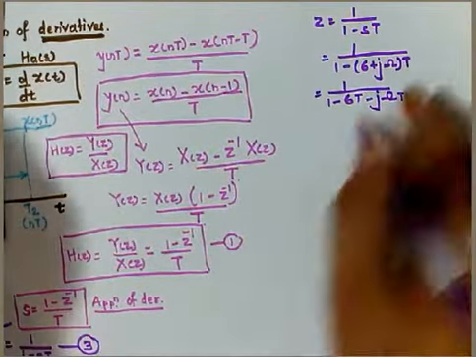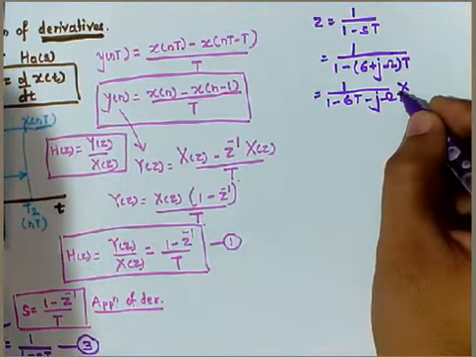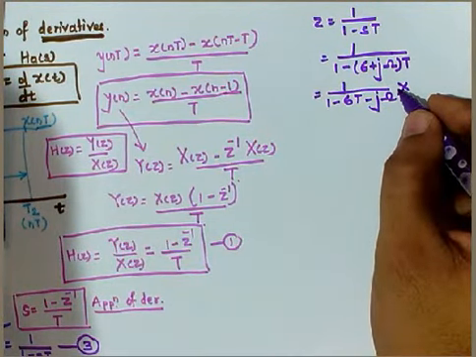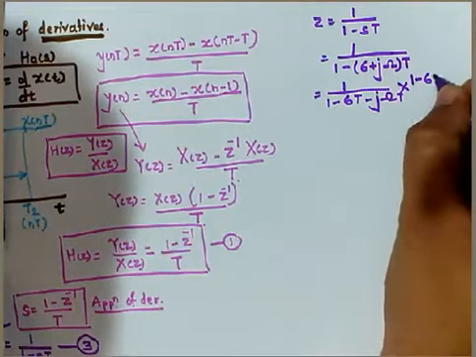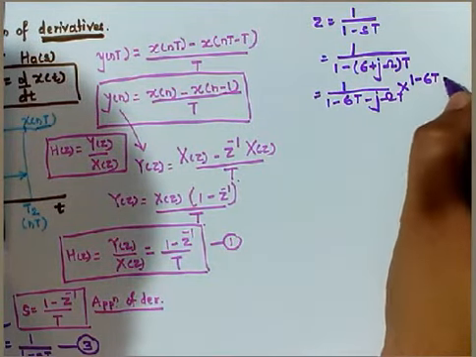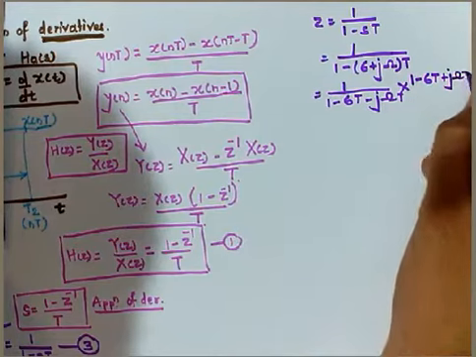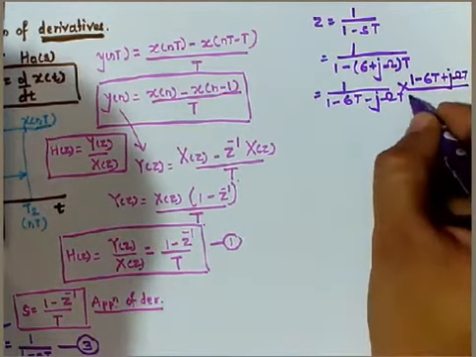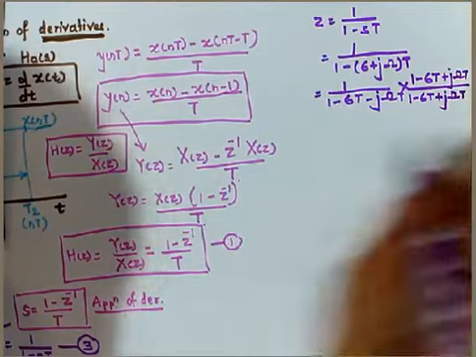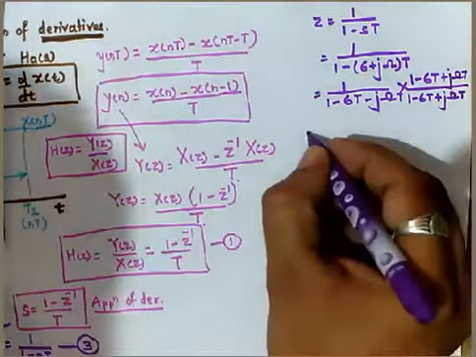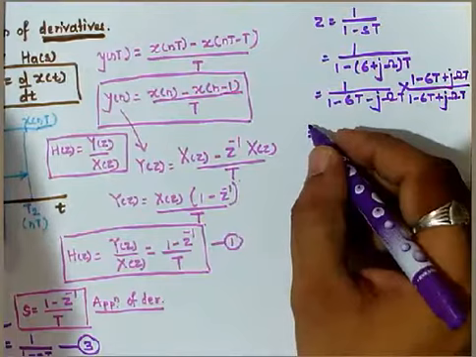Now let's multiply the numerator as well as the denominator by the complex conjugate. So it will be 1 minus sigma T plus j omega T, similarly 1 minus sigma T plus j omega T. This is how the multiplication will be done. After this multiplication, let's simplify.